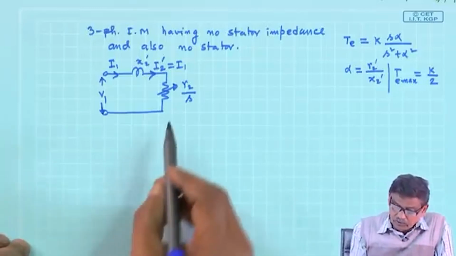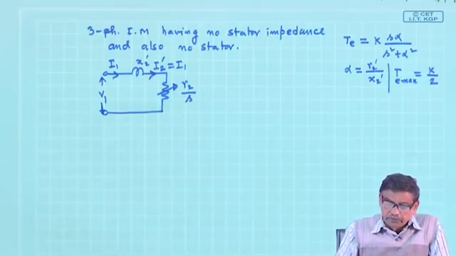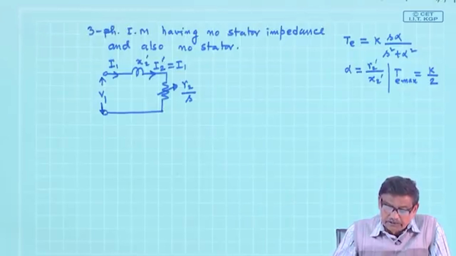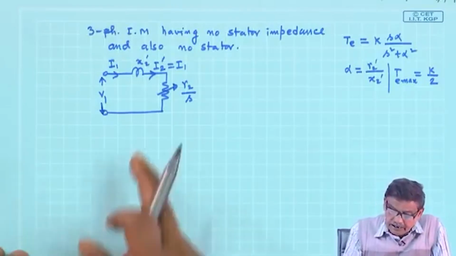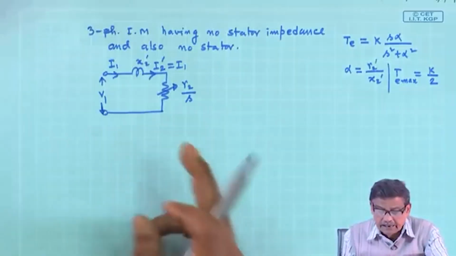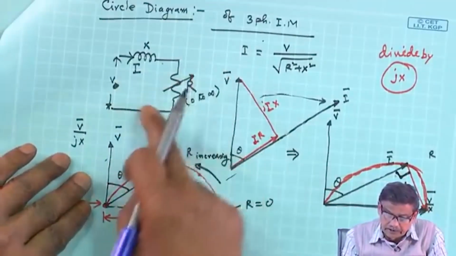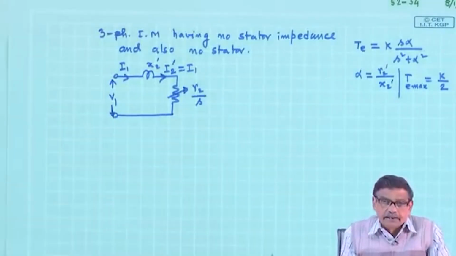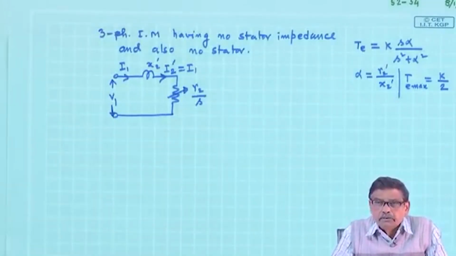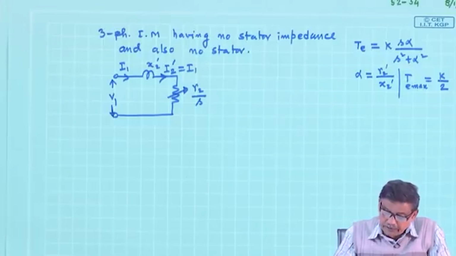So depending upon the value of the slip at which the machine is operating, the tip of the current phasor will be located, and it is the same case as this, where r is varying as slip will vary. The range of slip is between 0 to 1, we know that.